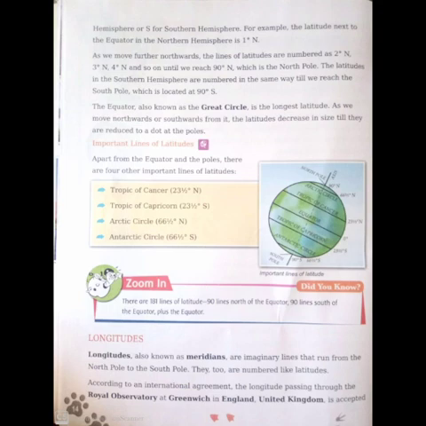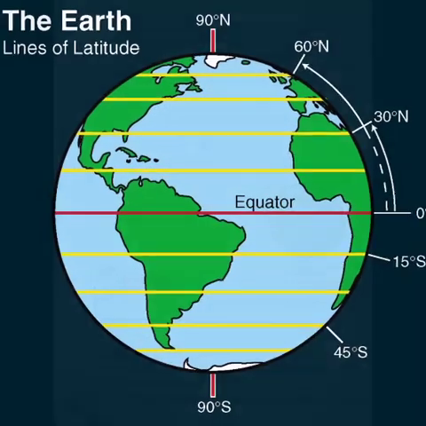Similarly, if we move further northward, the lines of latitude are numbered 2 degree N, 3 degree N, 4 degree N, 5 degree N, and so on until we reach 90 degree N or 90 degree north.